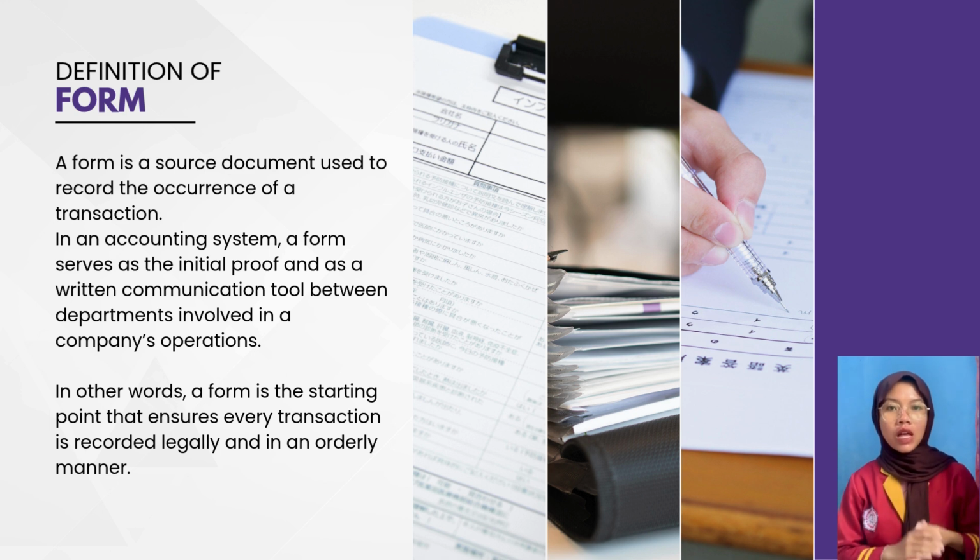For example, when the warehouse needs to order goods, they don't just take items from the supplier. They first fill out a purchase request form. That document becomes proof that the process is official and recorded. So, the form ensures that every business activity has a legitimate and orderly record.